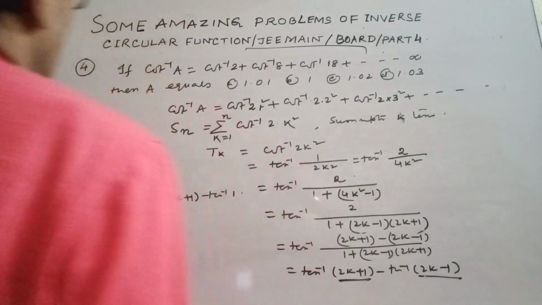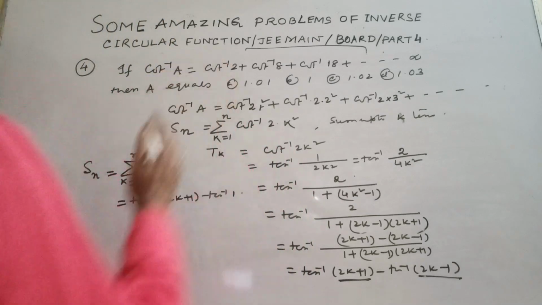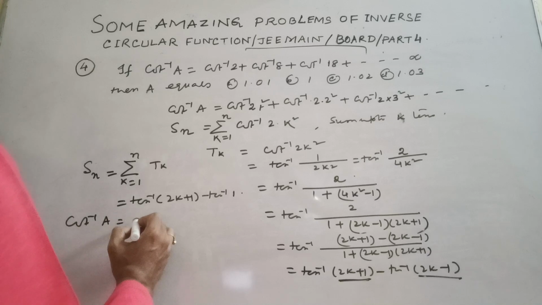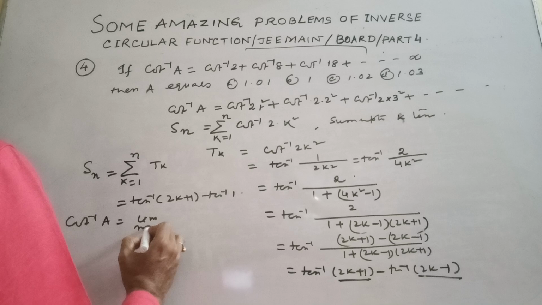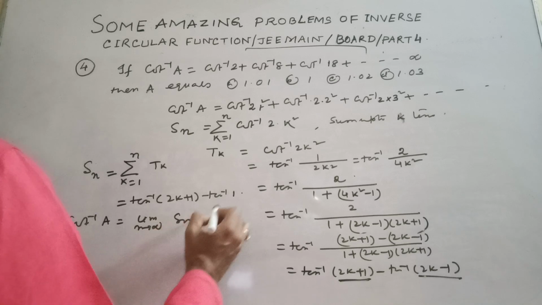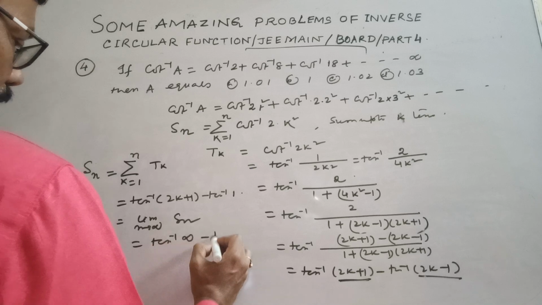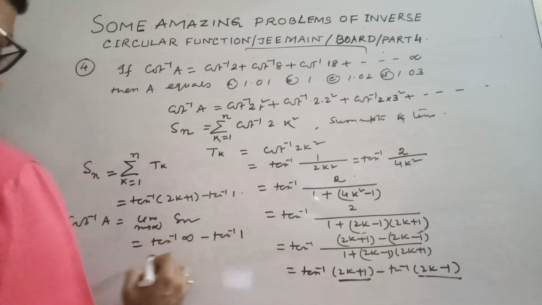Now, what is cot inverse A? Cot inverse A equals limit n tends to infinity Sn. So this is tan inverse infinity minus tan inverse 1.